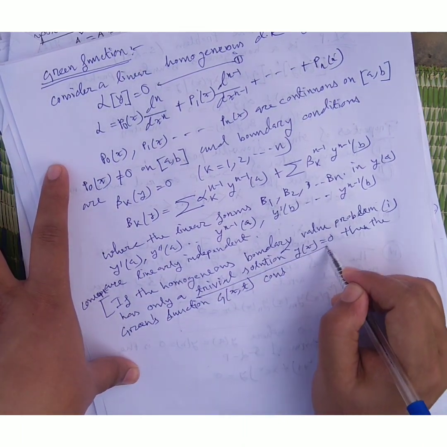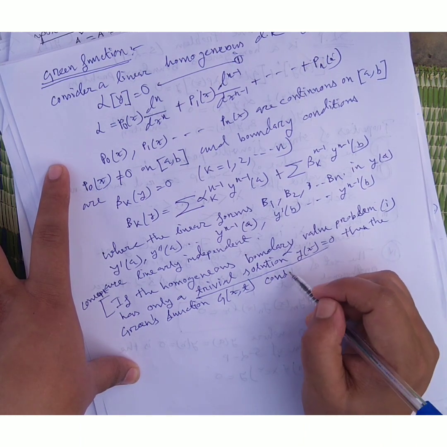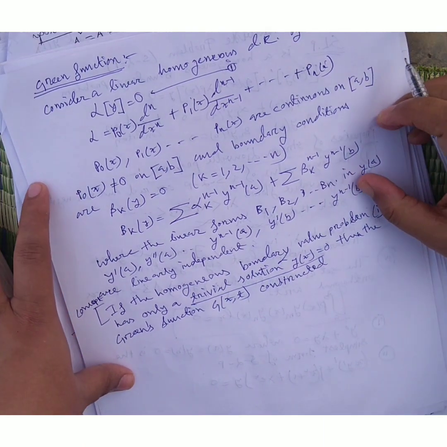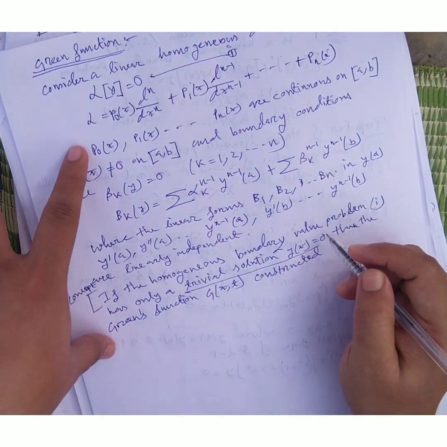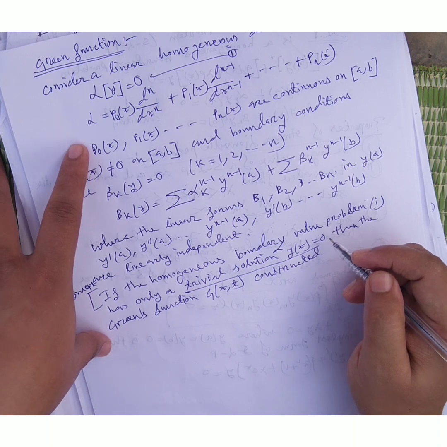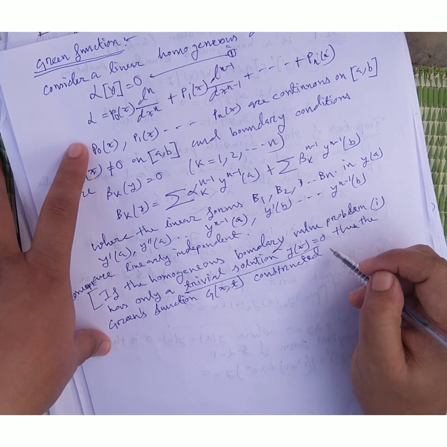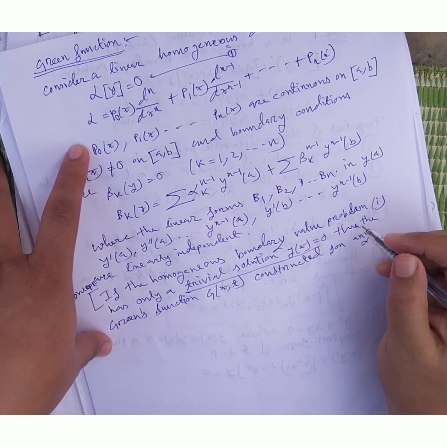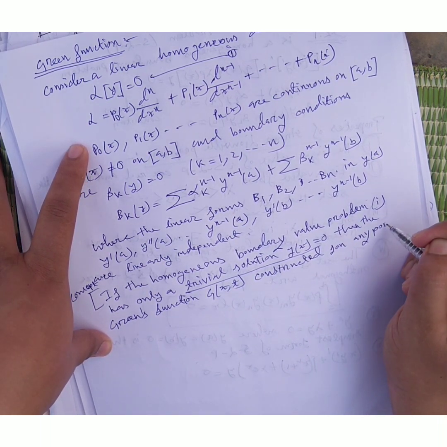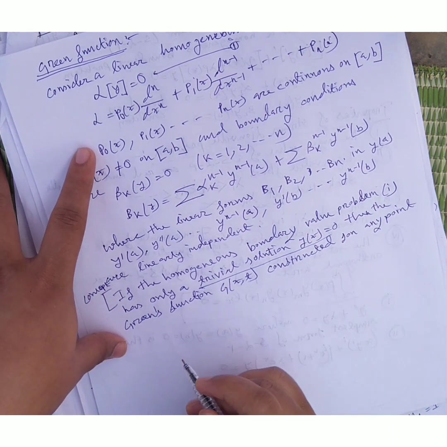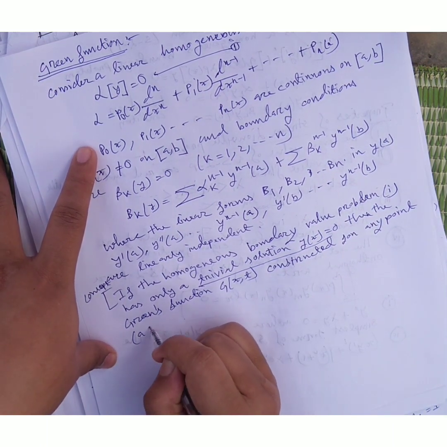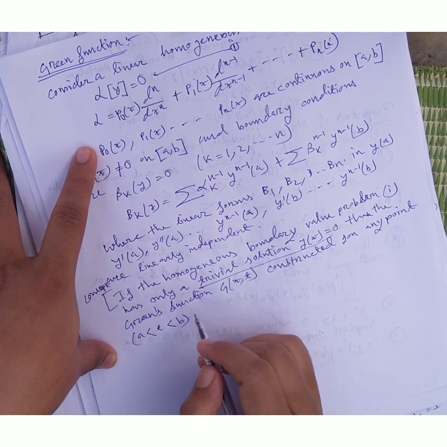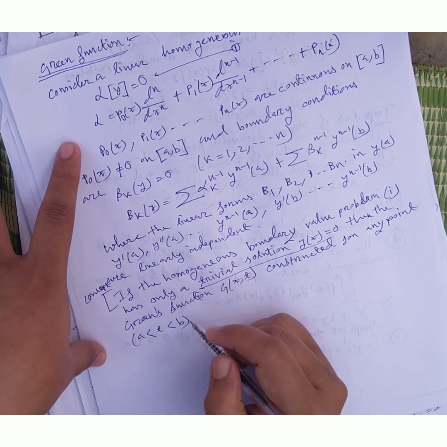Must remember, if trivial solutions exist, then Green functions are constructed for any point t in the open interval, meaning a less than t less than b. This is any open interval, okay, and BVP.